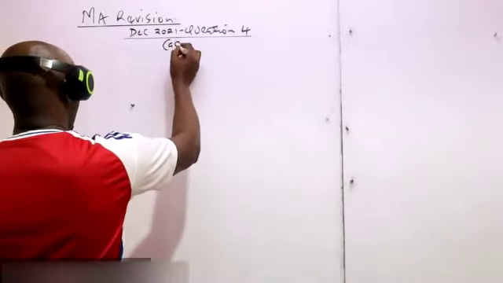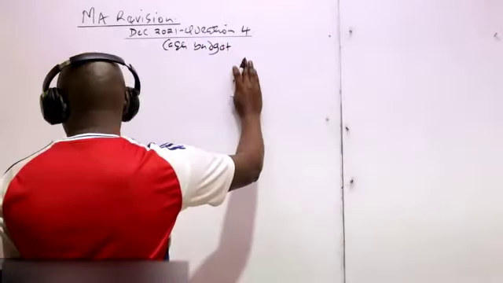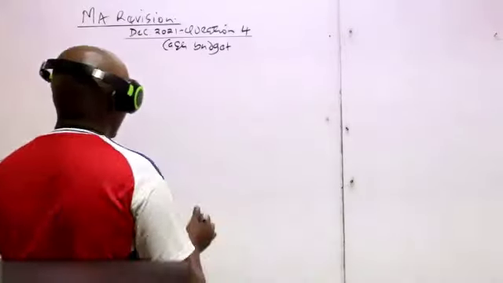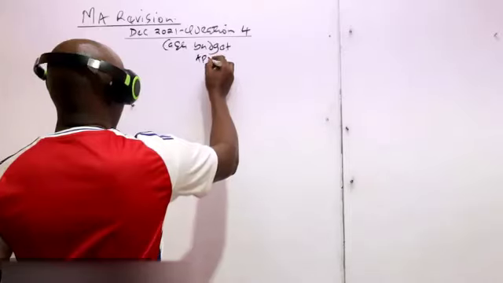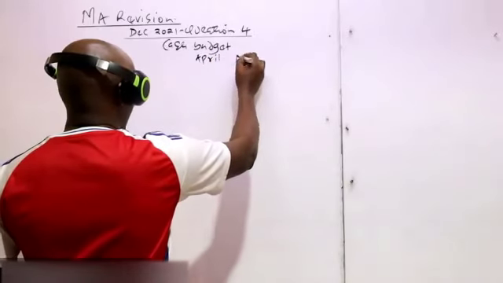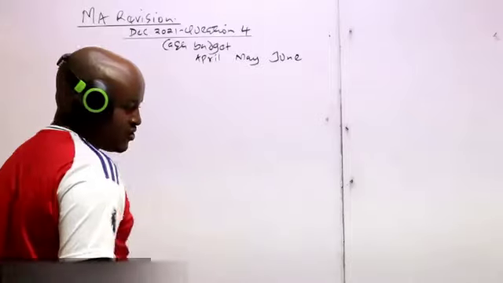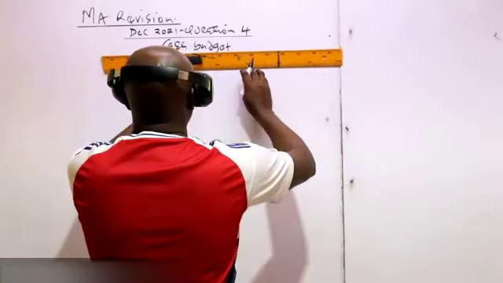So this is the cash budget of this particular company here. And remember, we are preparing that for April, May, and June. How many months? 3 months here.